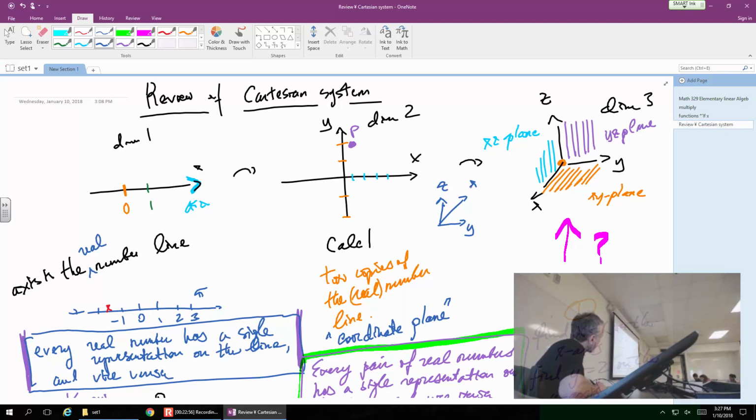Usually we stick with one system at a time, but in this course in particular, we'll have to look into the possibility of different systems and how to translate from one to the next. Even in dimension one, you can imagine, what if I point my direction in the opposite direction? What if I move 0? If we're talking about the actual space, then there is no origin anywhere, and there are no units.